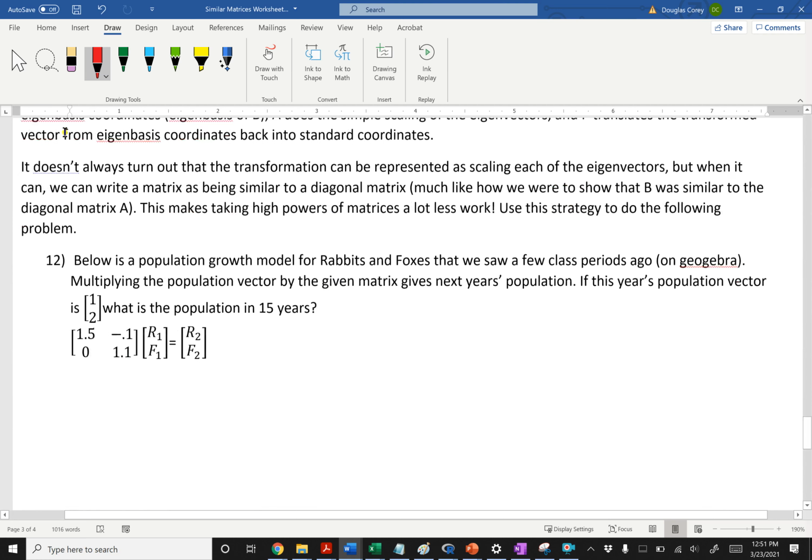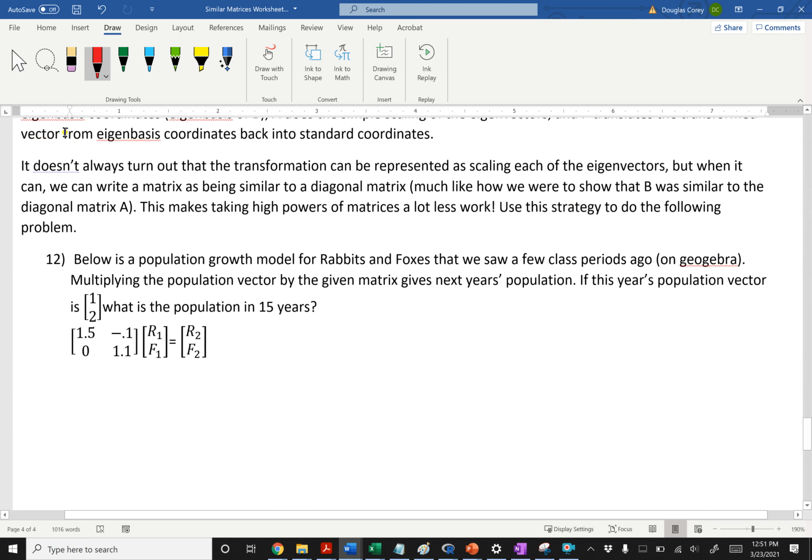Okay, so let's use this where it's not just extra tedious work, but you can see the power of this happening. So here's a simple population model of rabbits and foxes. This problem was actually on the midterm exam last semester, although we didn't do 15. I think we did 6.